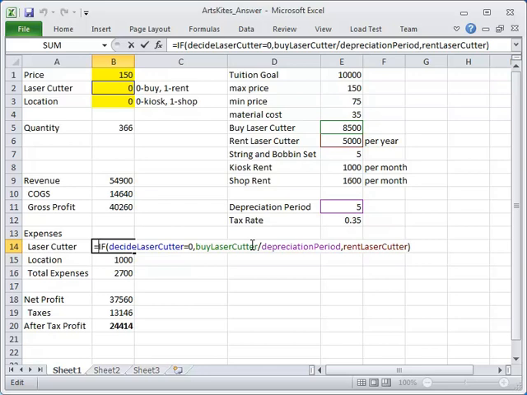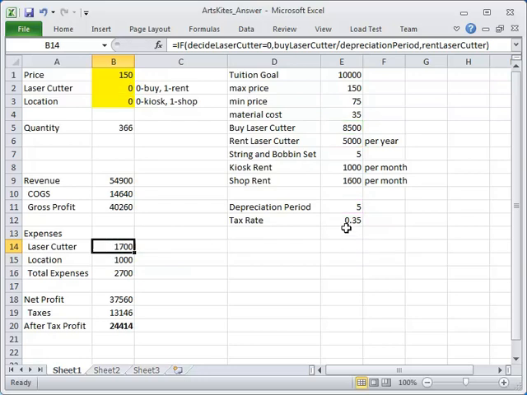We use something called depreciation, which you should have covered in Accounting 1. The depreciation is based on the depreciation period. So you would take the purchase cost of the laser cutter and divide it by the number of years that you're depreciating it over. That number would be the depreciation expense, which is what you're going to pay for the laser cutter for this year. Else, you're going to pay the rent.